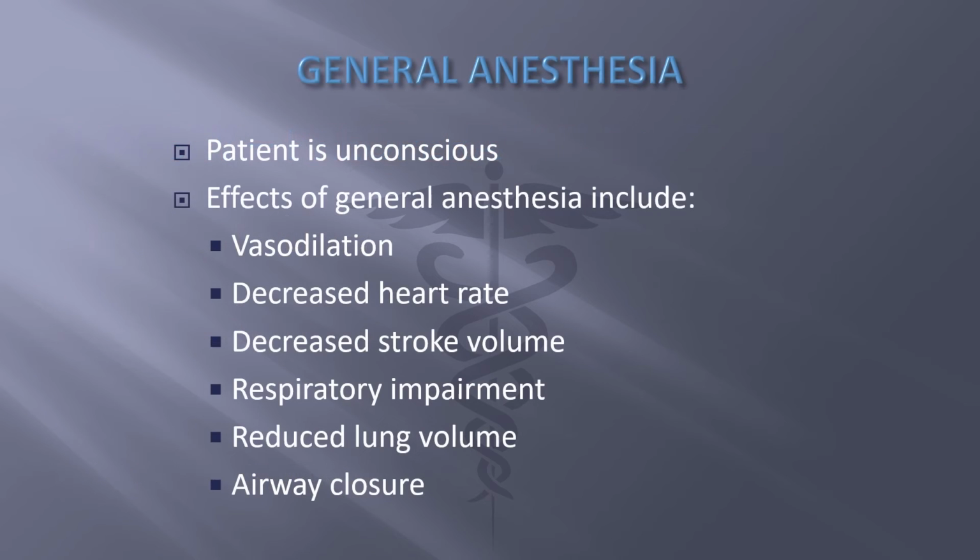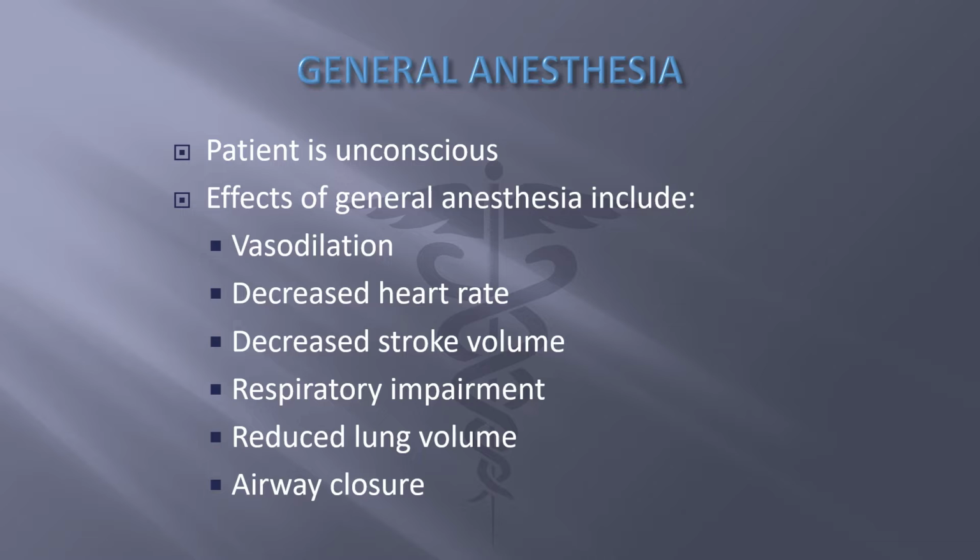So to begin with, we're going to go over the different types of anesthesia that are used. General anesthesia is one of the ones that they use for the larger surgeries. They put the patient completely under. The patient is unconscious. They have to be intubated to protect their airway.